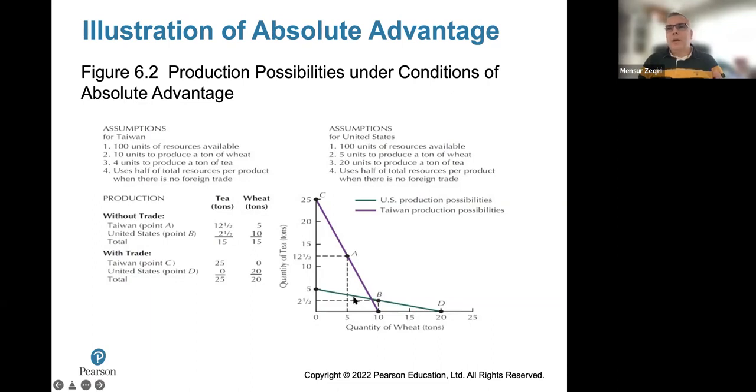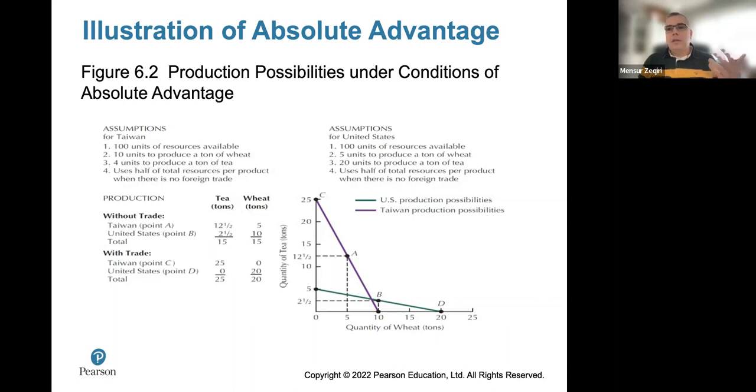Compared to them, for example, the United States can produce only 2.5 tons of tea. However, on the other side, with only 50% of the capacity that they have, they can produce 10 tons of wheat here. So, because each of these countries has only 100 units of resources available, we can say that neither can increase the wheat production without decreasing the tea production.